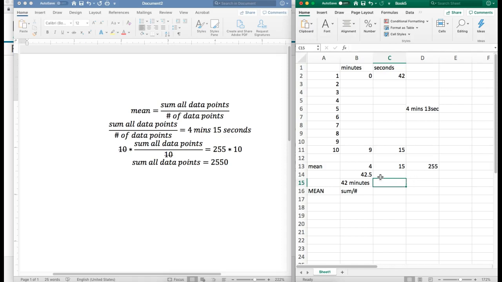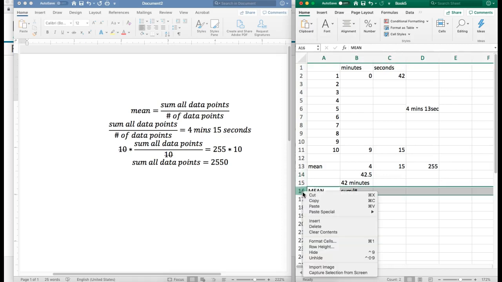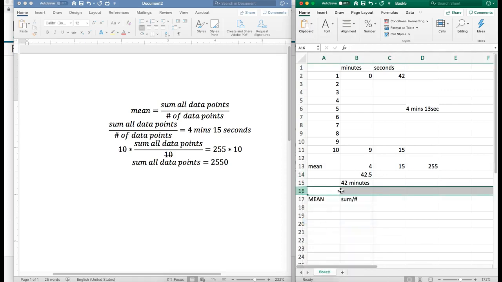So we take 2,550, subtract my 42 minutes, which is 42 times 60 seconds, because we're dealing in seconds, to find the remainder, which is 30.